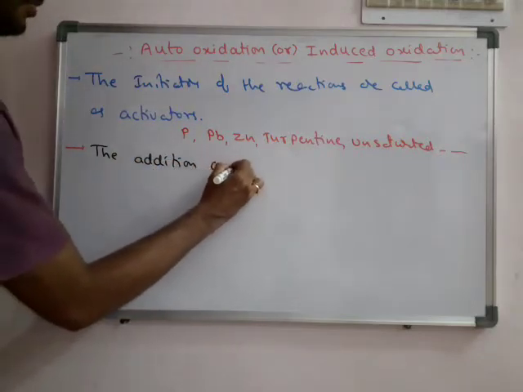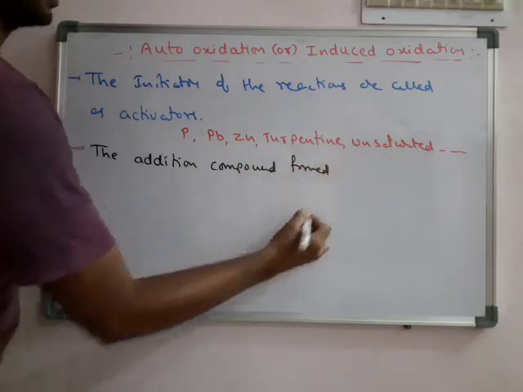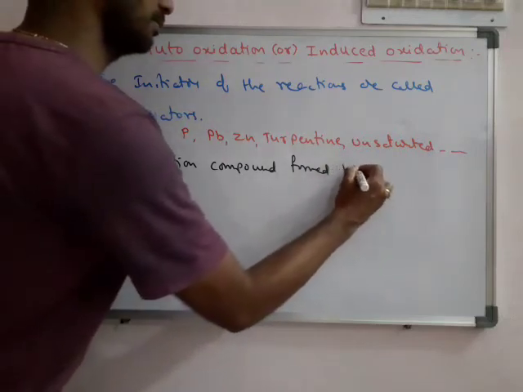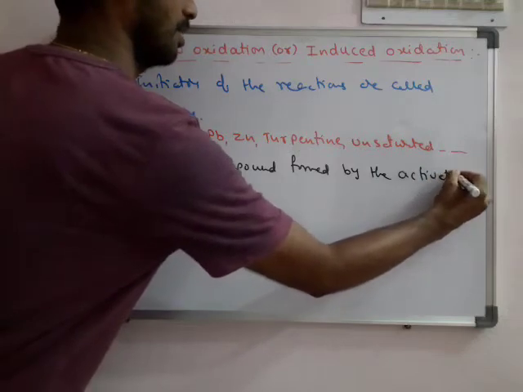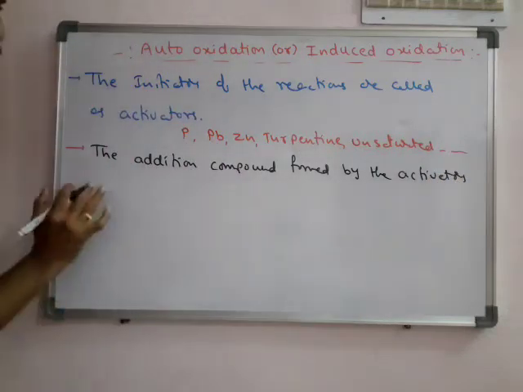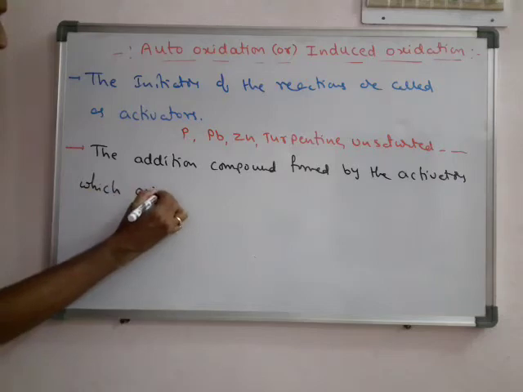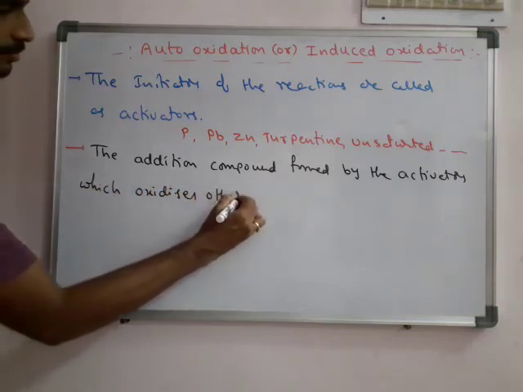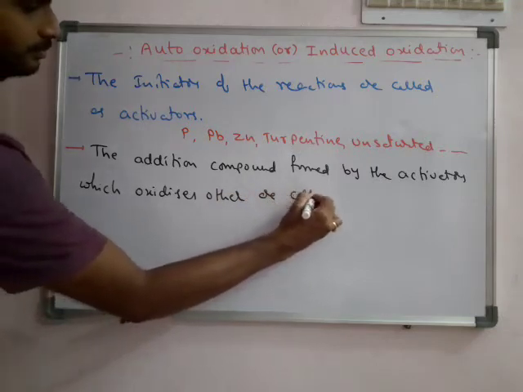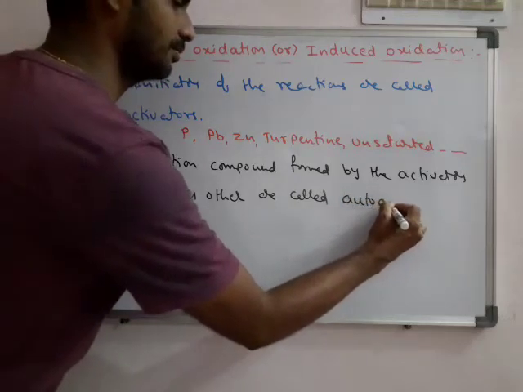The addition compound formed by the activators, the addition compounds formed by the activators which oxidize others, are called autooxidators.